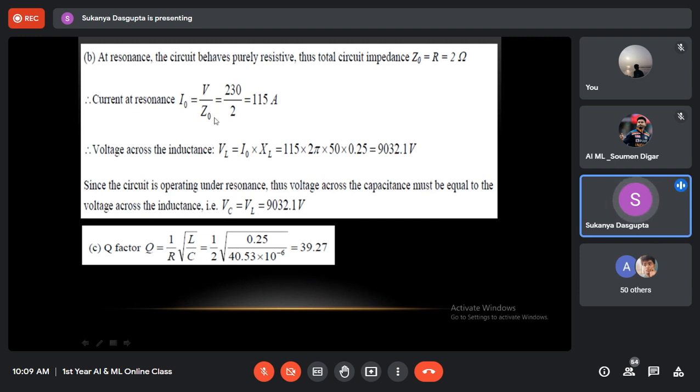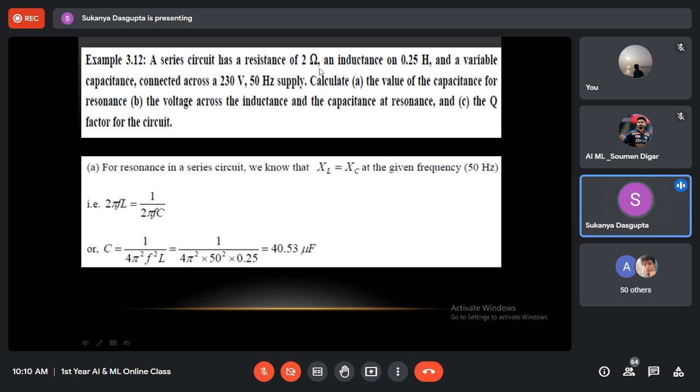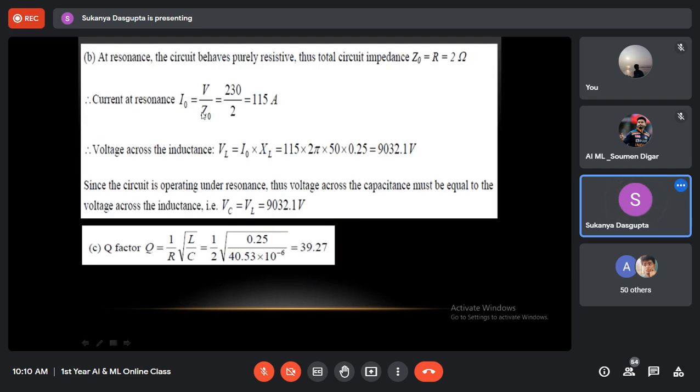And what is Z naught? Equals to R, the circuit resistance, because the circuit will behave as a purely resistive circuit during series resonance. Okay, so it's just equal to 2 ohm given in the problem. The circuit has a resistance of 2 ohm. So I naught is 230 by 2, 115.